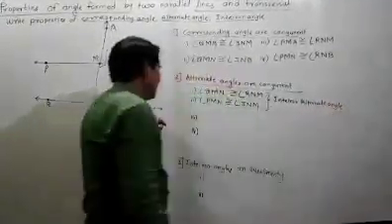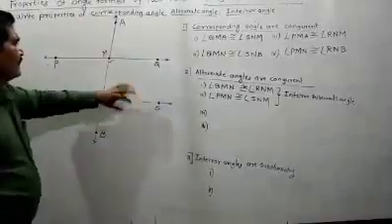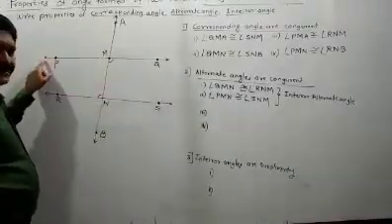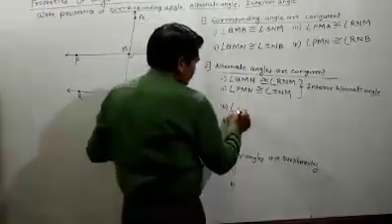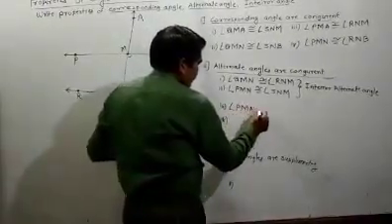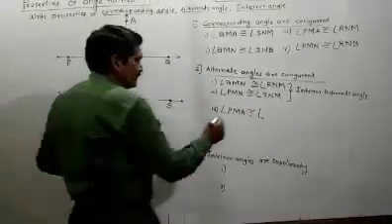Then you have to read the exterior alternate angles. This angle and this angle are the exterior alternate angles. If you want to read them, you have to start with the arrow end. Angle PMA is congruent to angle SNB.